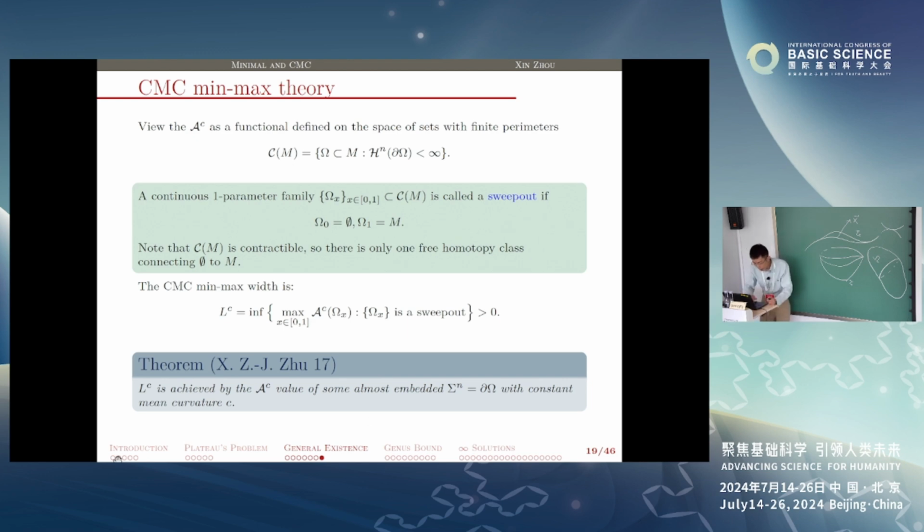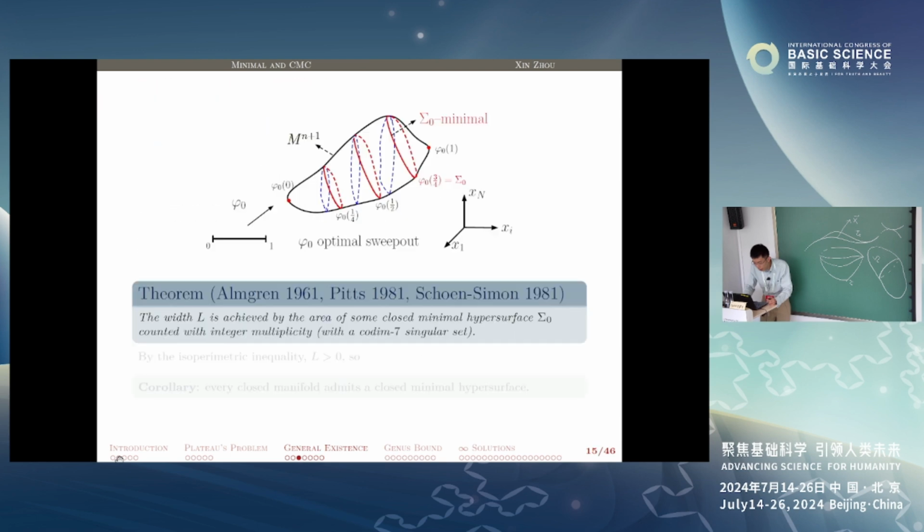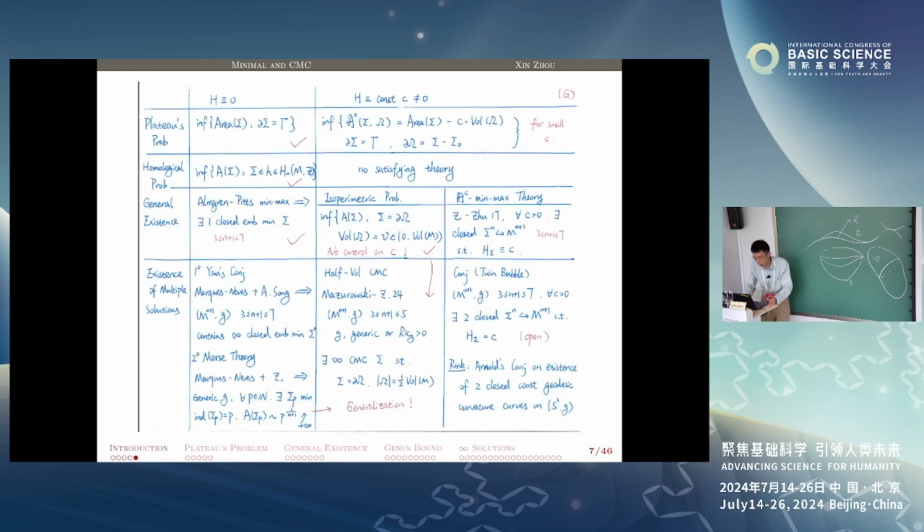Let me try to go back to my photo in the beginning, and let me help you compare what we know. I mainly discussed this line. So in the h equal to 0 category, using Almgren-Pitts, we can always find existence of a closed minimal hypersurface. And if you want to find CMC with prescribed volume, you can use the isoperimetric idea.